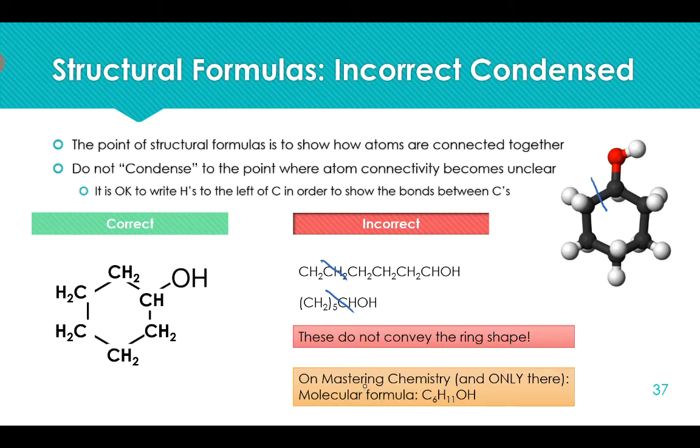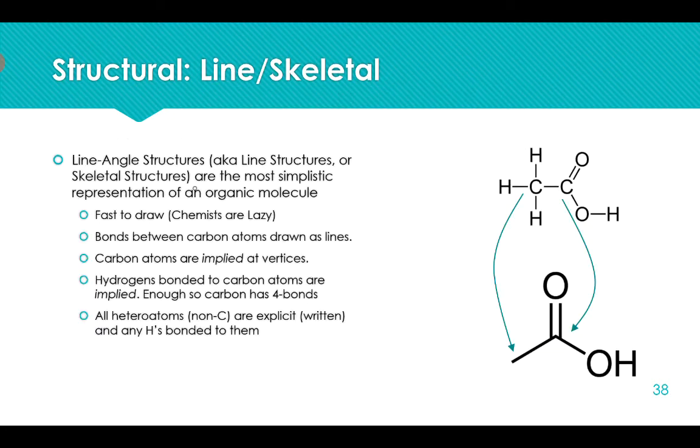The only exception is on Mastering Chemistry, where they'll only give you a text box for something, and in that case they would accept the molecular formula of that part of the ring, and then whatever is off of it. That's the only time, when you're forced to do it in a text box on Mastering Chemistry.